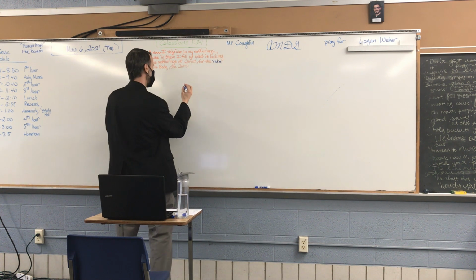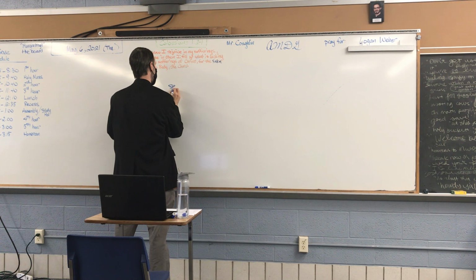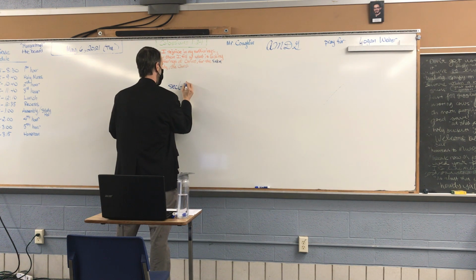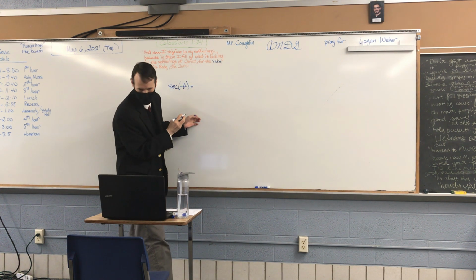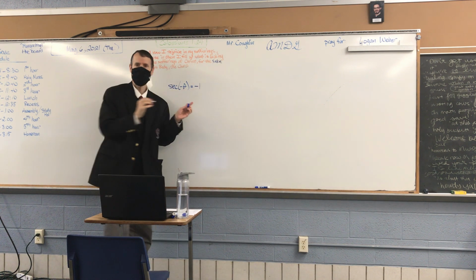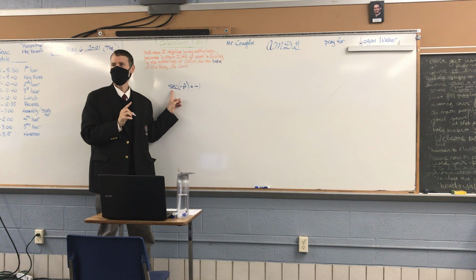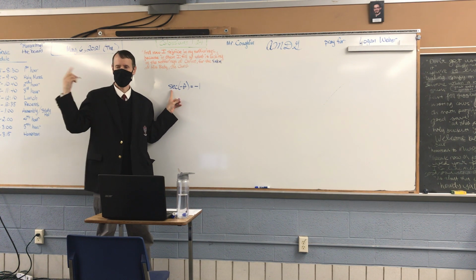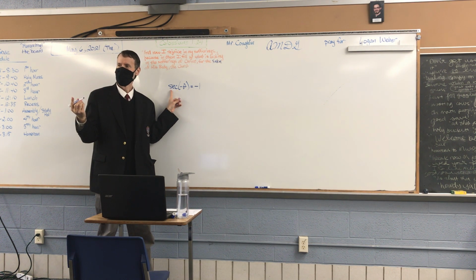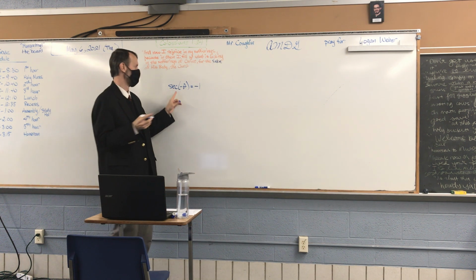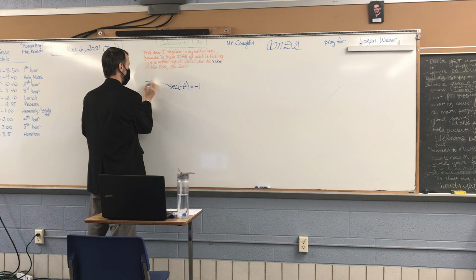Number 5, if secant of negative theta is equal to -1. Let me stop right there. Take a look up here. Can you tell me what secant is? Back up. What is secant just in general? Reciprocal of cosine. Right. This is based on cosine. This is 1 over cosine.